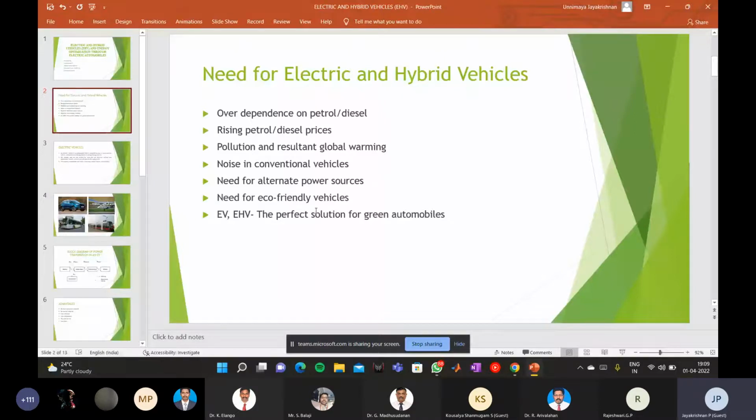our non-conventional energy sources. So next is pollution and global warming, which I already hinted at. In Delhi and elsewhere, the government is now restricting vehicles with odd numbers on one day and even numbers on another day to curb the pollution in the city.